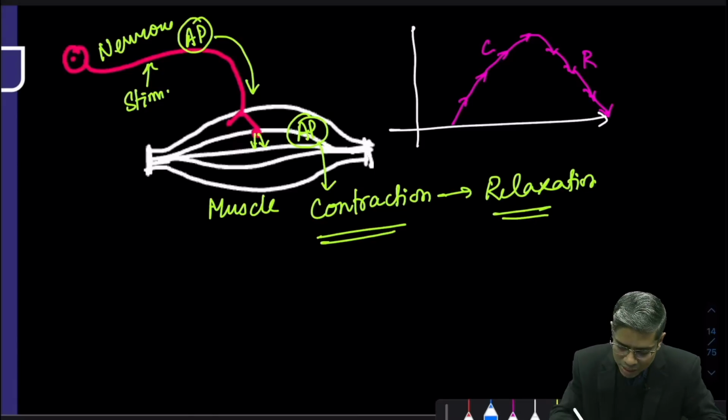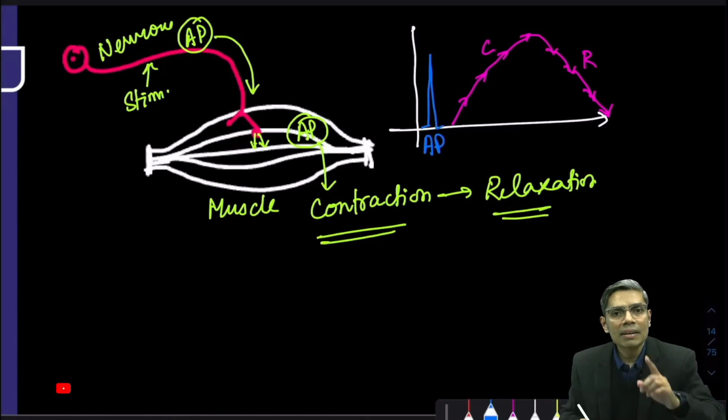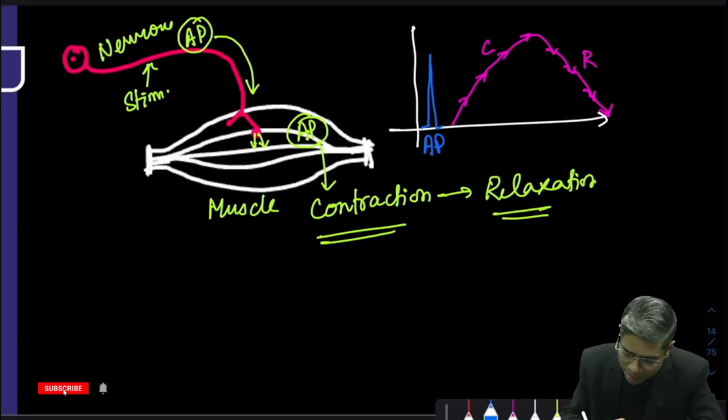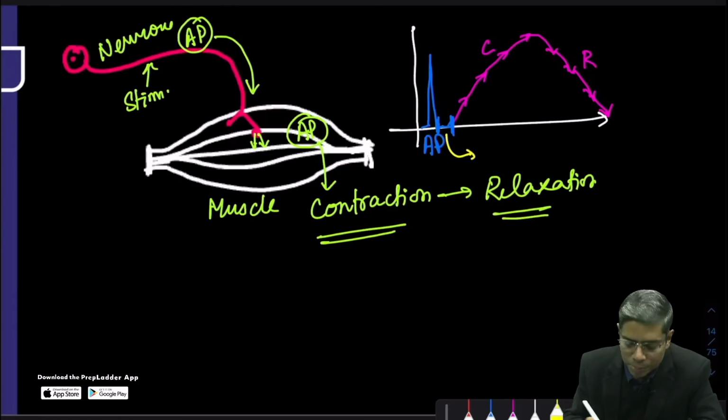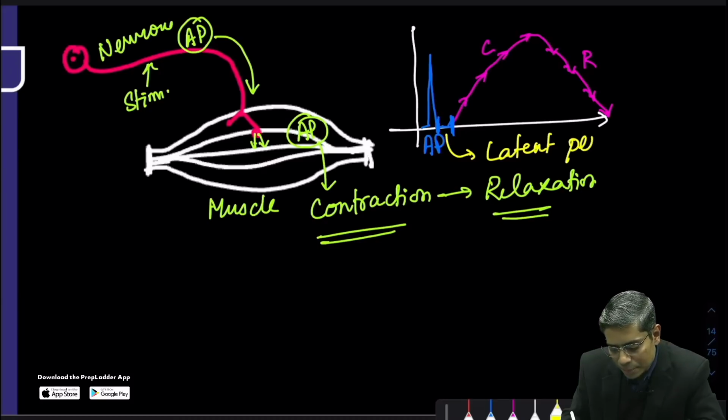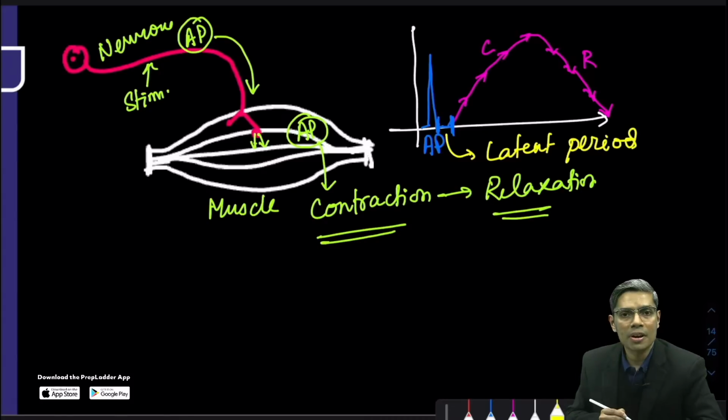So, I have generated an action potential at this point, but there is a time gap between this action potential and the onset of contraction. This time gap is known as the latent period of contraction.